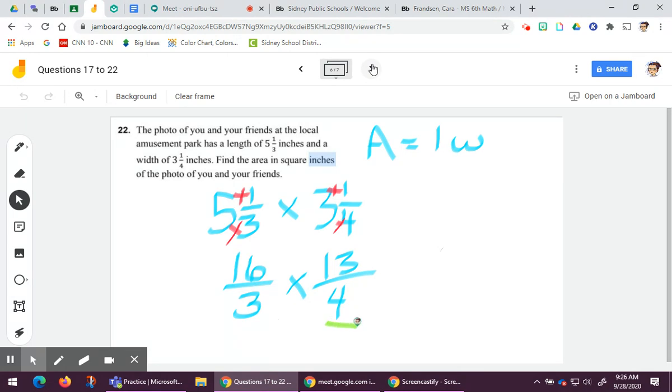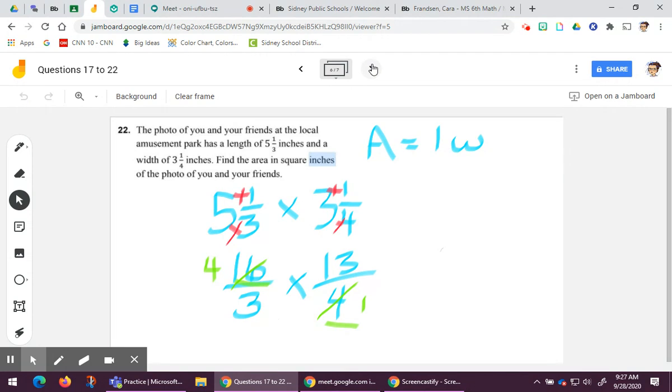I have this number and this number diagonal from one another. How many sets of 2 are in a 4? 2 of them, right? How many sets of 2 are in a 16? 4 of them. Or in other words, 4 divided by 4 gives you 1. 16 divided by 4 is 4.